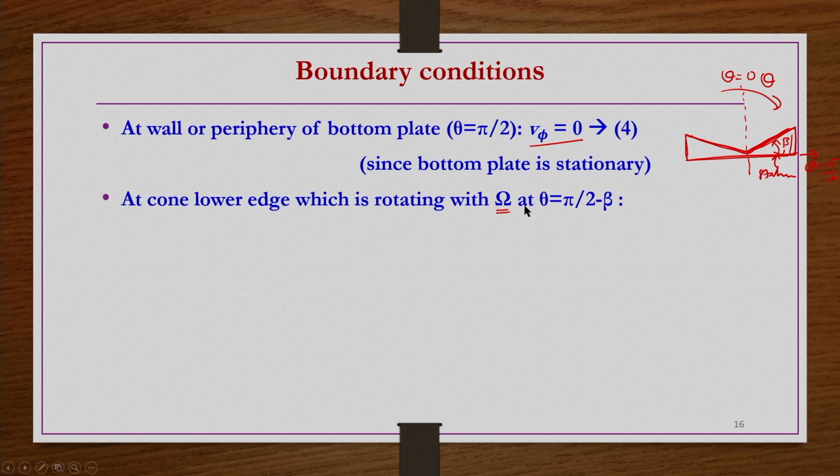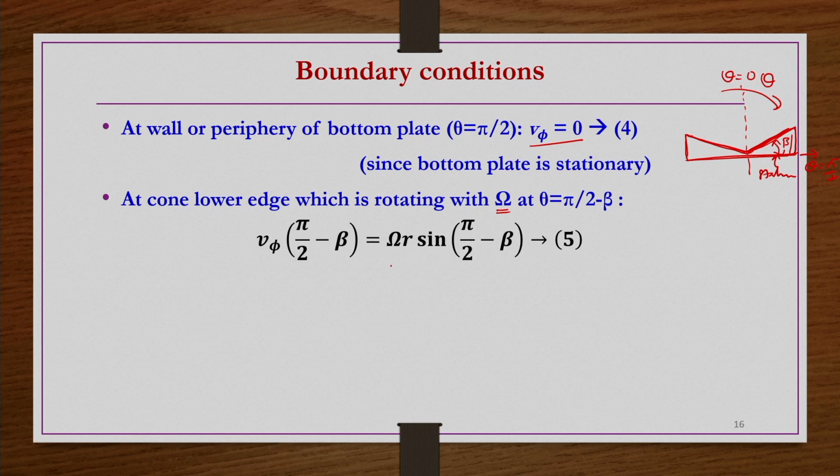So at theta equal to pi by 2 minus beta, we have omega r sin of pi by 2 minus beta as the velocity component, because the cone angle beta is very small. So V phi at theta equal to pi by 2 minus beta, you get this information.